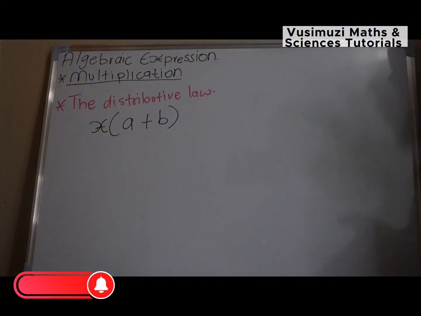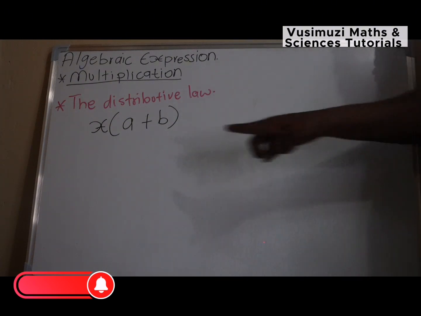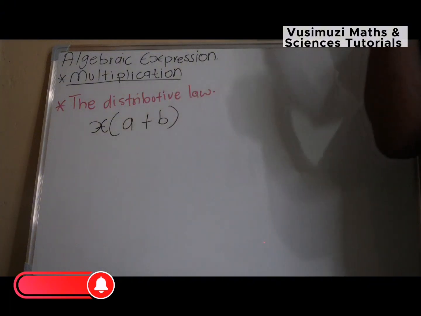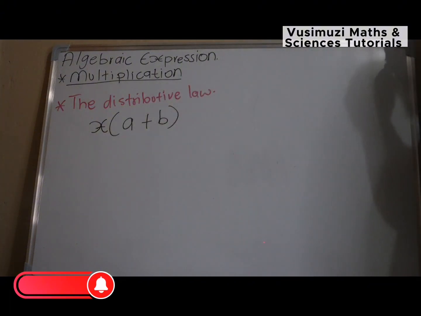What is a product? Product is like multiplying. Product is like having brackets and a term outside the bracket. So this term, which is x, is a product of this bracket. I hope I'm clear on that one.